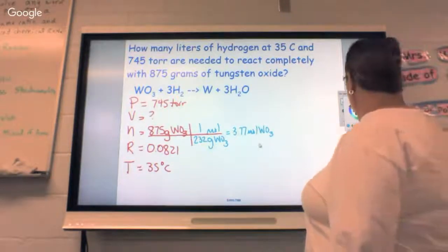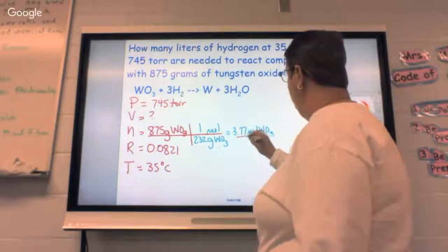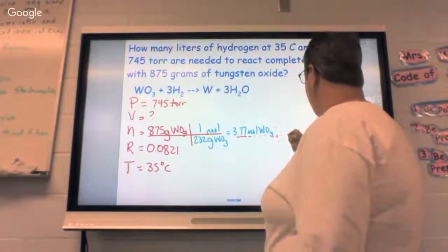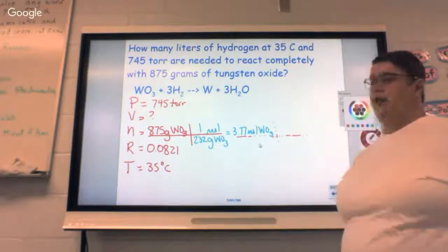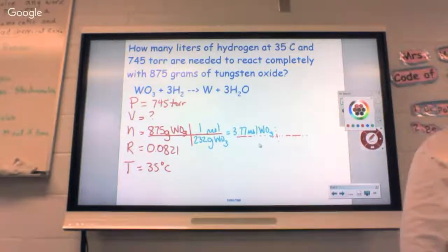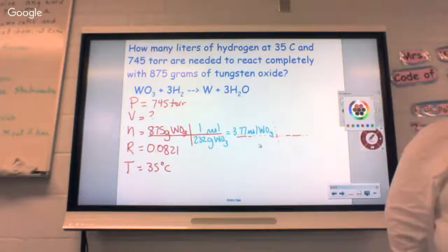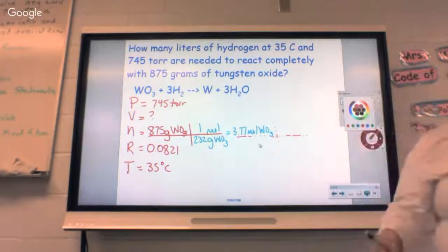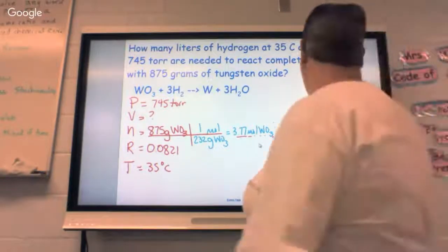You could have just decided to go ahead and do your mole-to-mole ratio now. Completely cool if you want to do it that way. I'm not going to choose to do it that way because I'm pushing volume-volume ratios because it's a new skill we're learning, okay? But you can if you want.